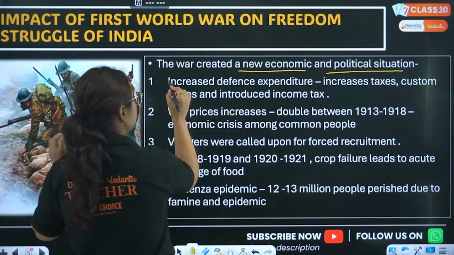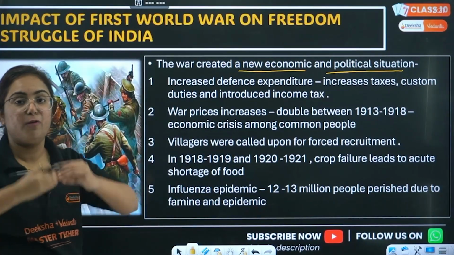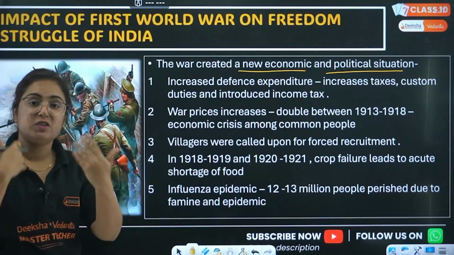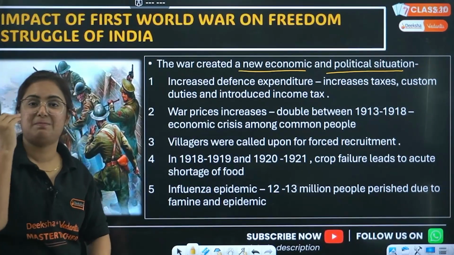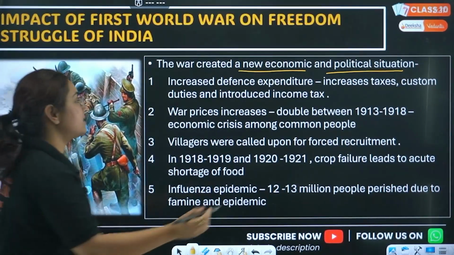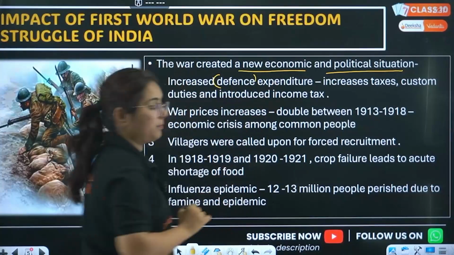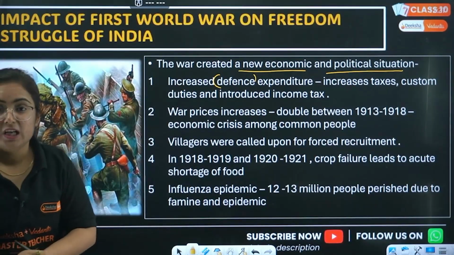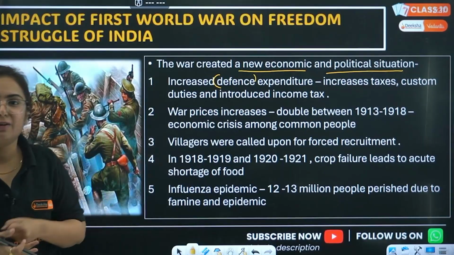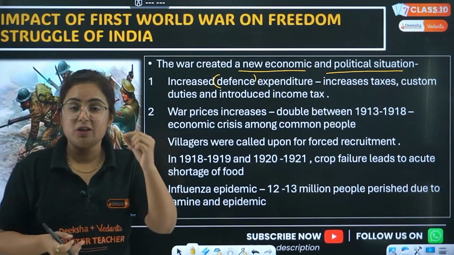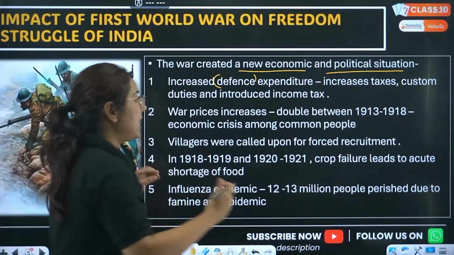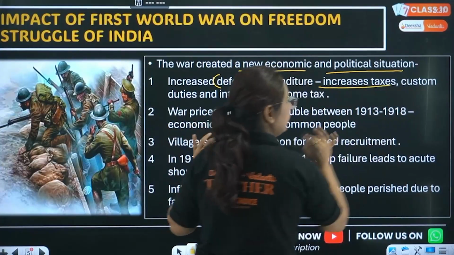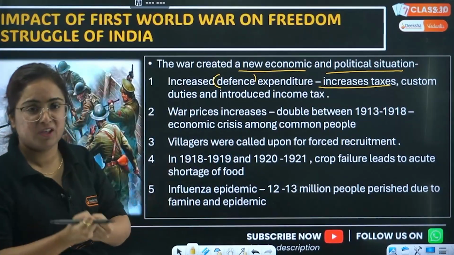Let's read. First of all, whenever there is a war-like situation or a war ongoing, one expenditure that increases is the defense expenditure. So this time the British defense expenditure increased. Now they had to extract the revenue from somewhere, and that was India. For that they increased the taxes in India, again harsh on the people of India.